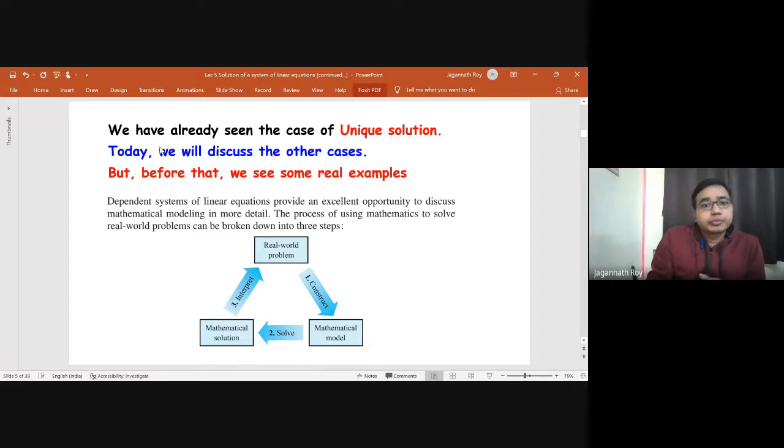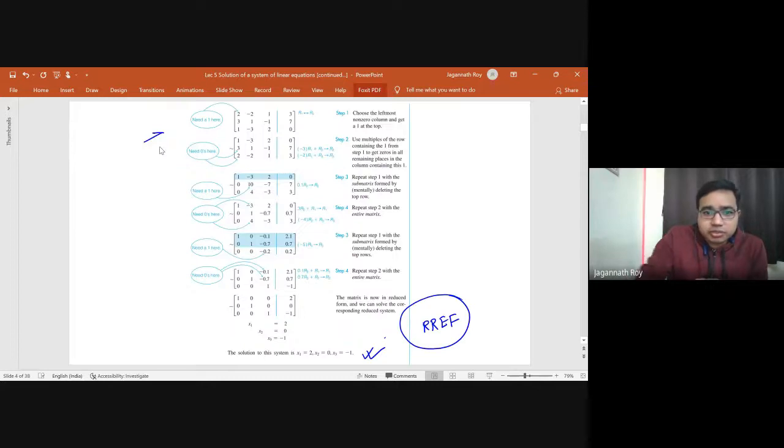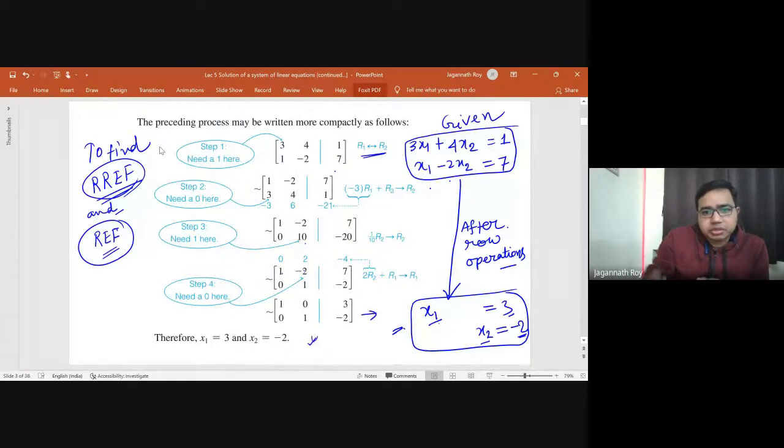We'll see some. In the last lecture we saw how to get a unique solution. Even these two examples have a unique solution.